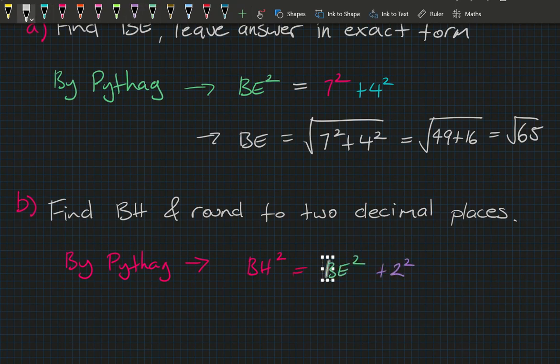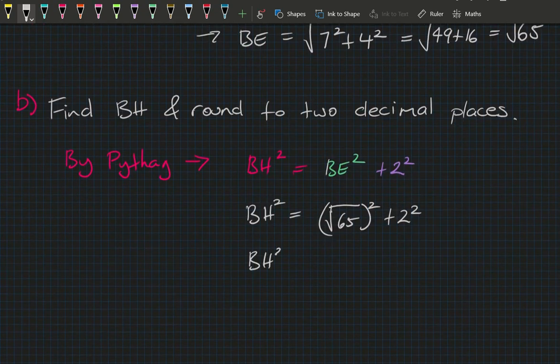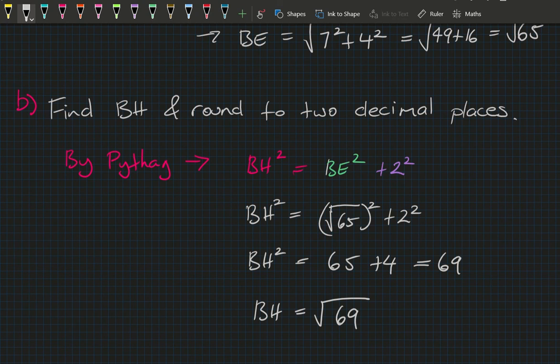So subbing in the values we already have, BH squared is going to equal the square root of 65 squared plus 2 squared. Squaring a square root gets rid of the square root. So we're left with BH squared is equal to 65 plus 4, which is equal to 69. Therefore BH is equal to the square root of 69.